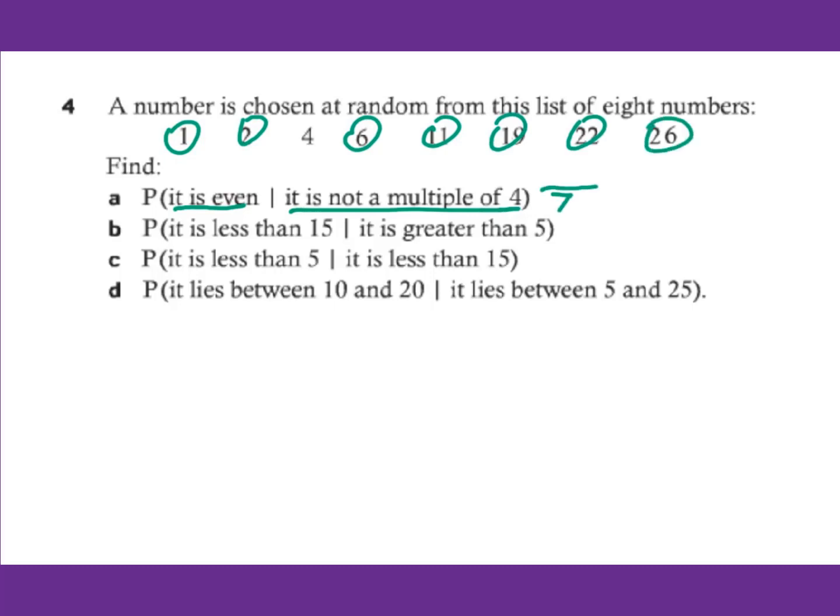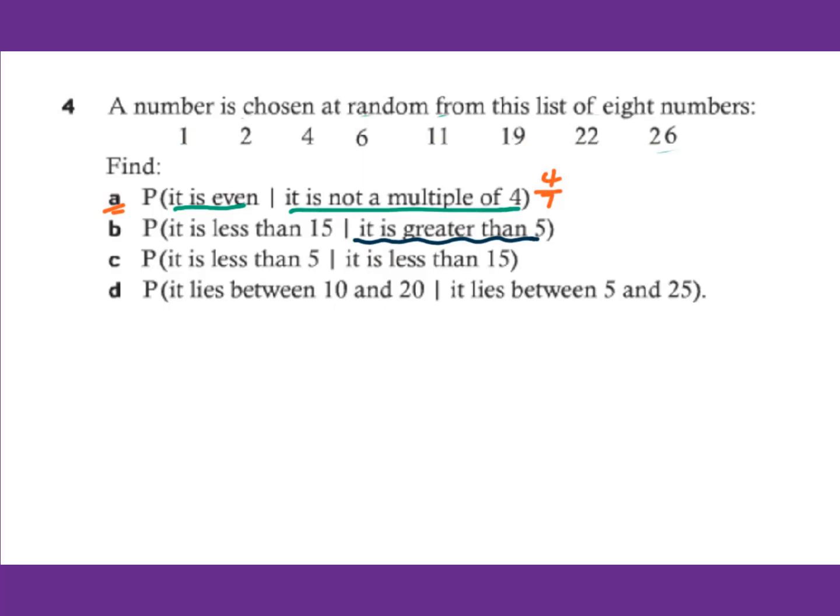So it's 7 numbers. Among these 7 numbers, how many are even? 1, 2, 3, 4. So we got 4 over 7. That's for A. Remember this given, that means we count it as a total.